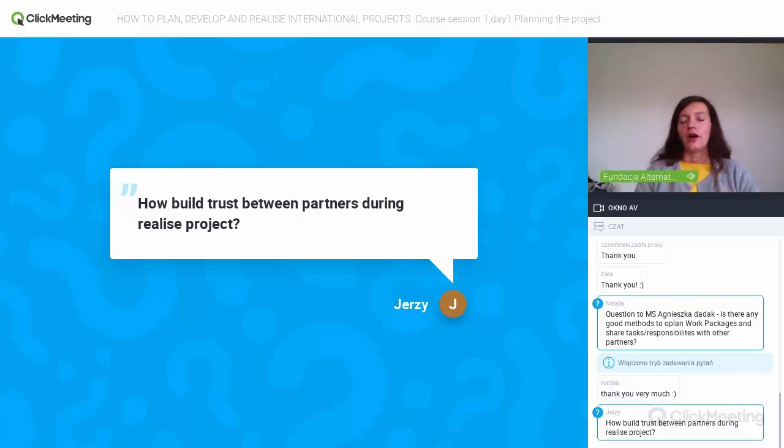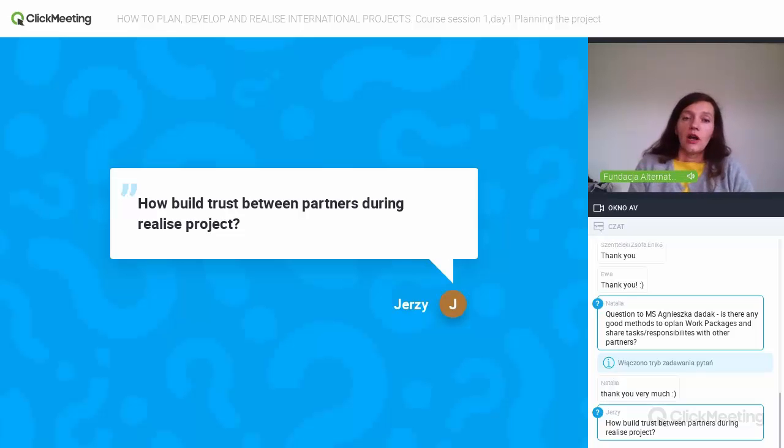If you invite the partners to co-develop the project idea, you naturally communicate, you exchange information, you inspire each other, you co-design the project, and this is a great basis for building trust in the partnership, which is just initiated. And on the realization stage, it will be much easier to work because the people have a better understanding of what this project is about.